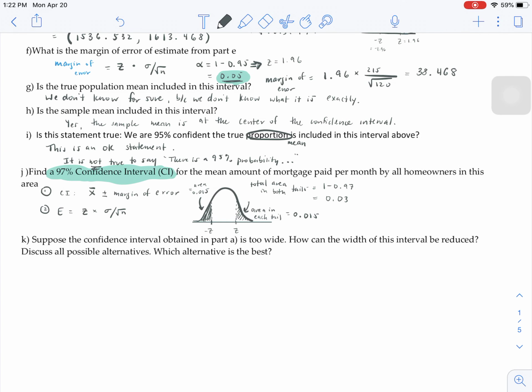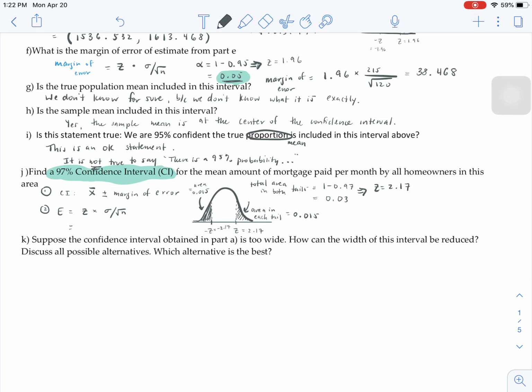So this z-score here is negative 2.17. So this positive z-score must be positive 2.17. So I'll take z equals 2.17, and then I'll plug that in here to find my margin of error.